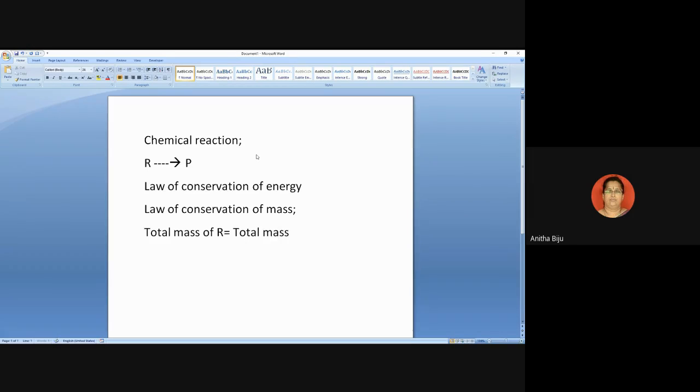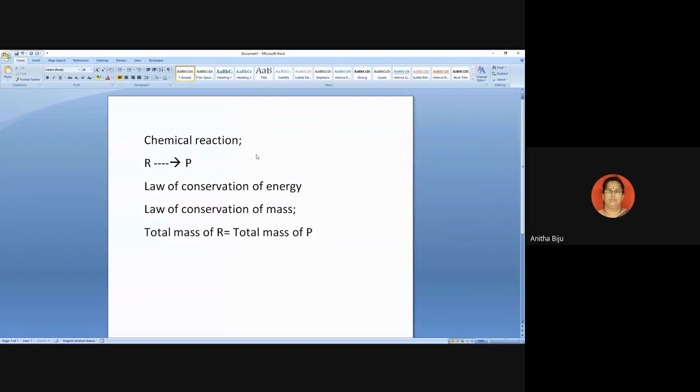So this is the simple way of defining the law of conservation of mass. So when we take reactants and products, in some cases, the reactant has more energy compared to the product.